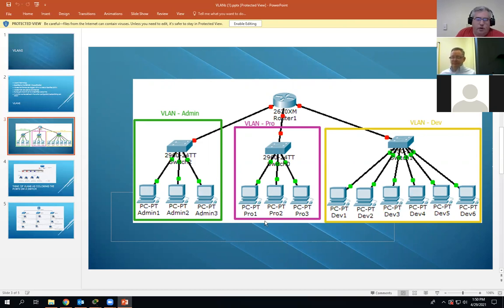Well, what happens if one of the groups wants to talk to one of the others, or wants to sit over in this area and be attached to this switch? Is that possible? Well, with VLANs it is. When they're not VLAN switches, then it's not. So you have to add extra equipment in order to make that actually happen.